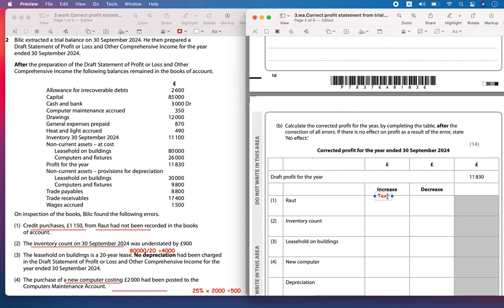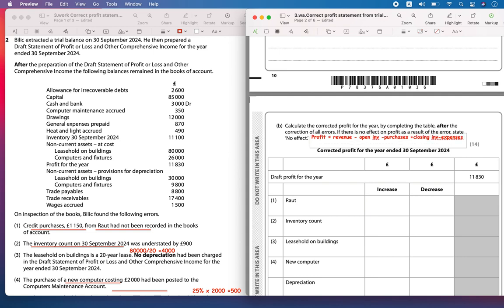It's always easier to remember this: profit is equal to, if we open out the equation, revenue minus opening inventory minus purchases plus closing inventory, then minus expenses, right?